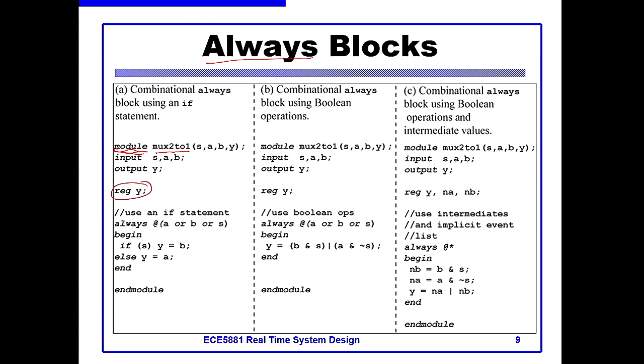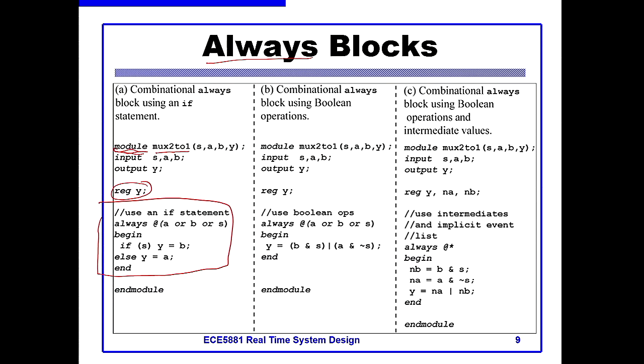So the always blocks live within a module, and you can have multiple always blocks within a module, and they represent a block of hardware. Okay, so like the assignment statement, each always block, here is one here, represents a parallel piece of hardware that talks to other hardware in parallel.